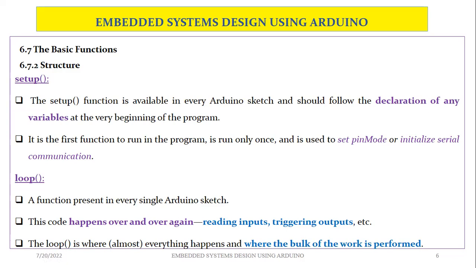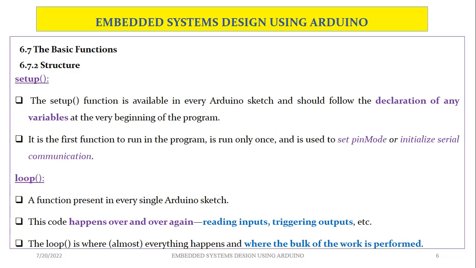If you want to do pin declarations, you will do them before you join the void setup part, okay? So you can declare the pins and the variables at the very beginning of the program. And then from that section, you advance to the void setup part.